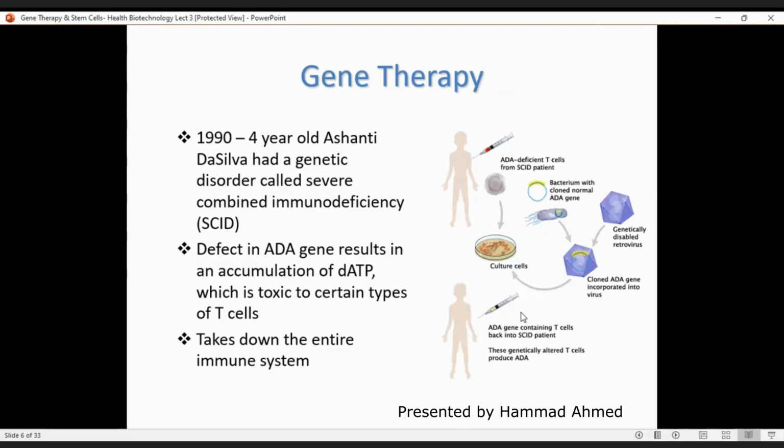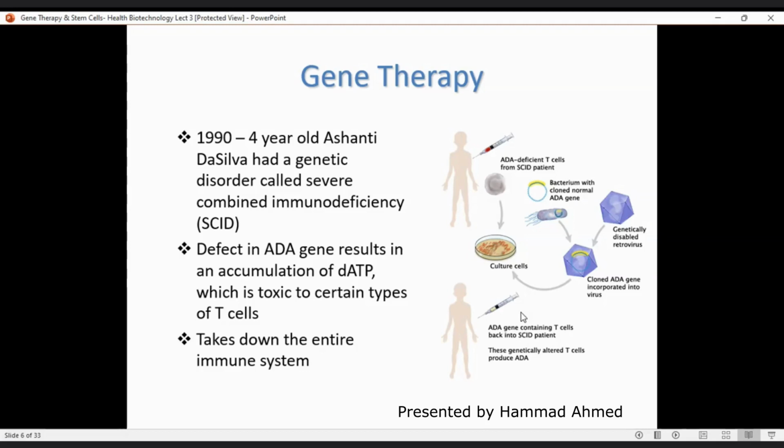This gene is involved in the accumulation of dATP, which is toxic to certain types of T cells. So it targets the immune system of the patient. As a result, she became immunodeficient. So gene therapy was first performed on this 4-year-old patient.